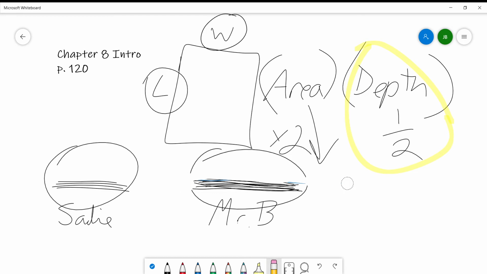So try to think conceptually. Imagine you have a stack of, let's say, quarters. You have coins that form little discs, and you stack them up. And let's say someone who's a real neat freak likes their coins stacked straight up and down.